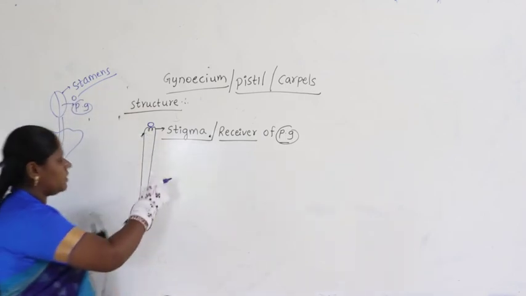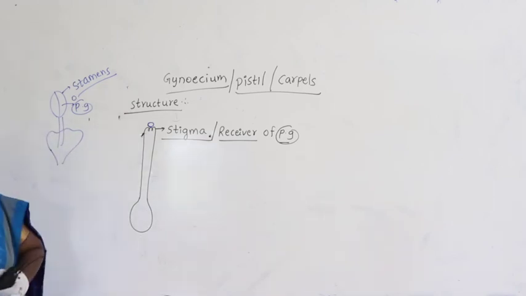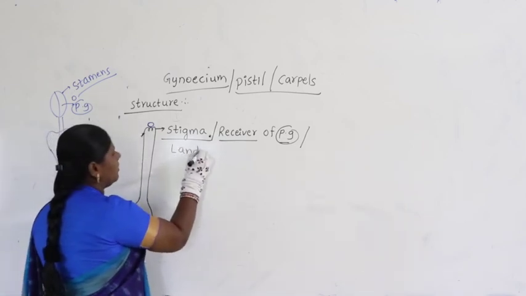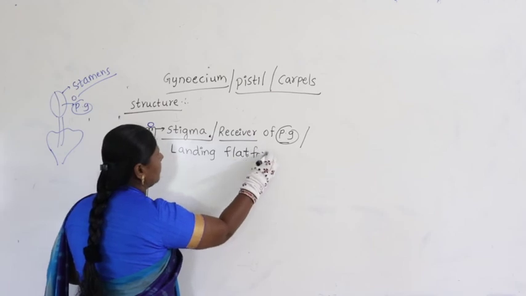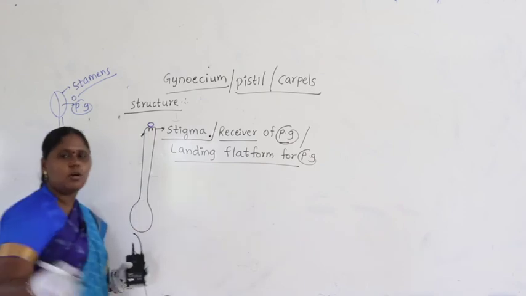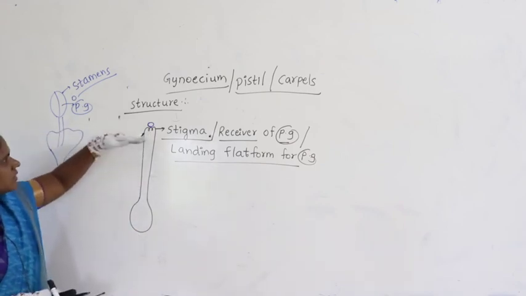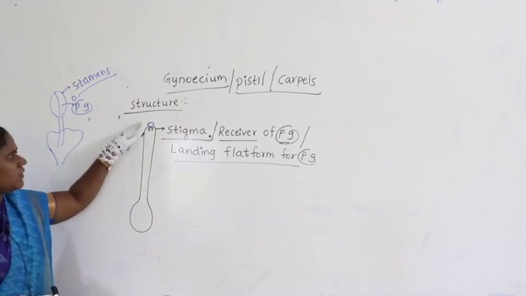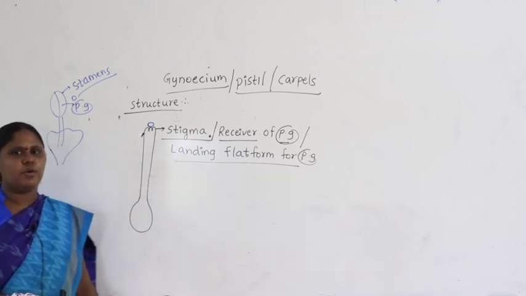That is why stigma is also called the receiver of pollen grain. It receives the pollen grain, and it also acts as a landing platform, a platform on which the pollen grain will come and drop.